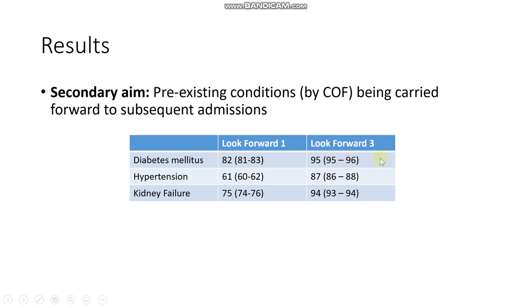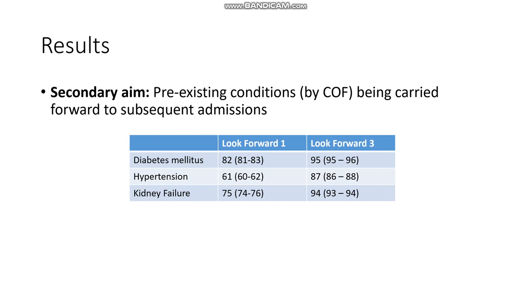But when you look at look-forward 3, a much higher percentage of conditions were subsequently coded. And what this suggests is that the low percentage of conditions in look-forward 1 in part might explain why pre-existing conditions or comorbidities are underreported in research using administrative datasets.